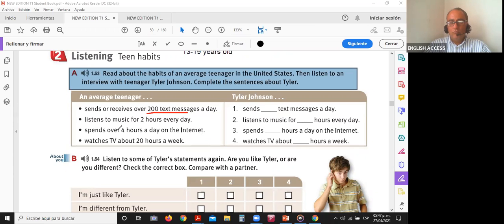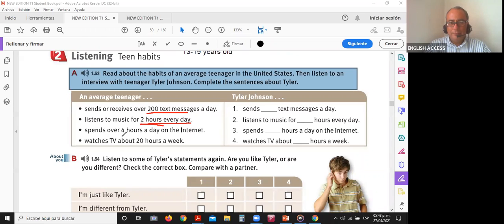That's not bad. And what about music? Do you listen to a lot of music? The average teenager listens to music for 2 hours a day. I don't know. Actually, I only listen when I'm on the bus or train, and that's about 2 hours every day. So I think I listen to music about 2 hours a day. I guess I'm pretty average when it comes to music.